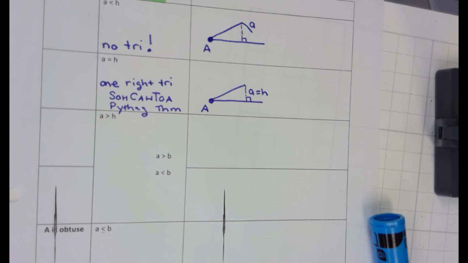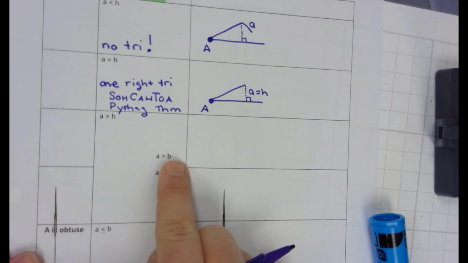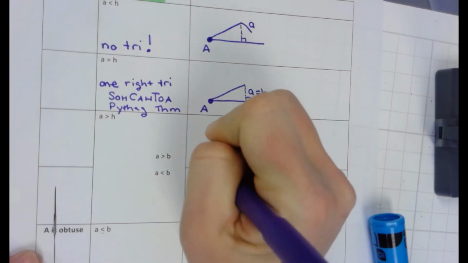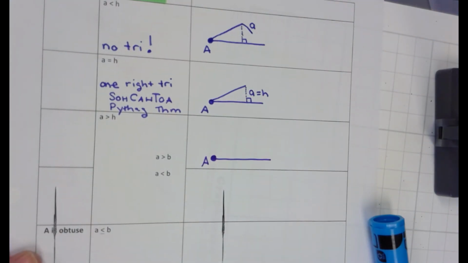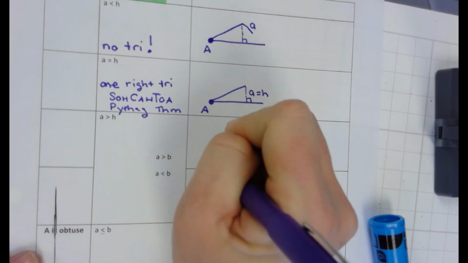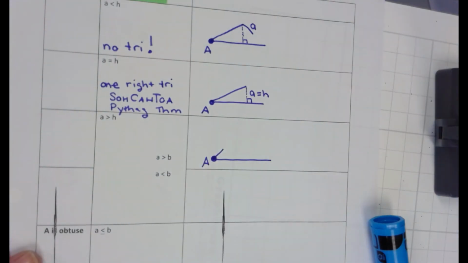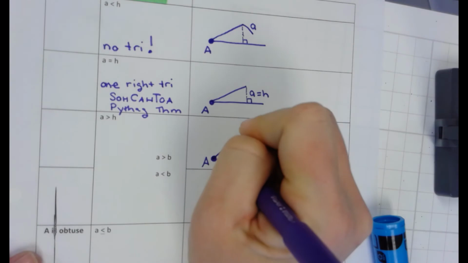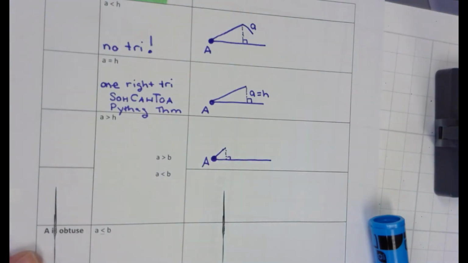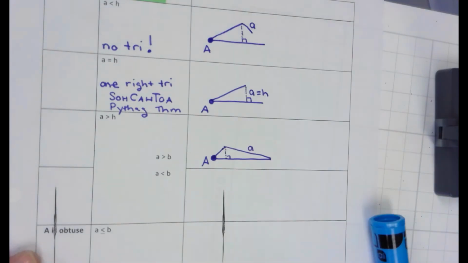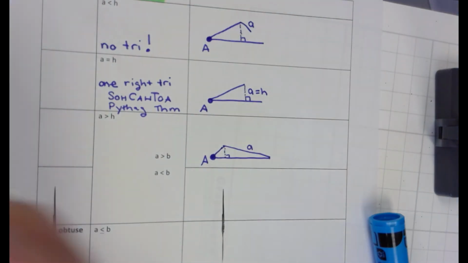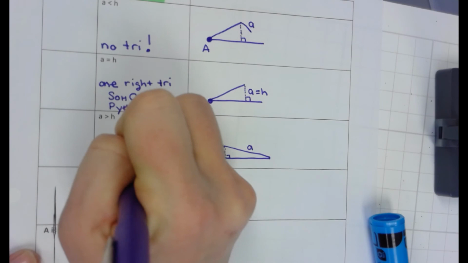So the first thing that we're going to evaluate is if A is bigger than B. So there's my A. This means your B is smaller, so the smaller is going to come out first. And then here's our height. And then we finish it out with a long A. So if A is bigger than B, then there's only going to be one triangle.